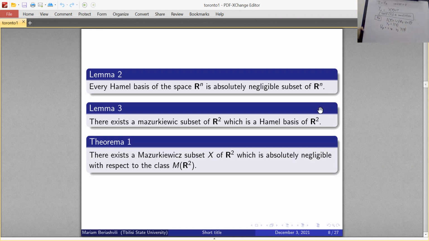Okay, and we may write that the cardinality of it will be less than cardinality C plus omega, and it will be less than continuum.